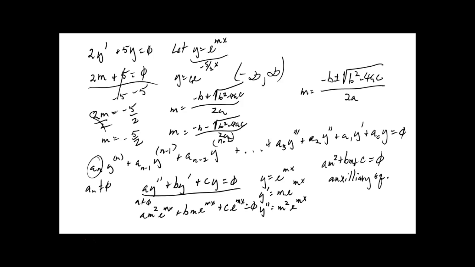And there were several possibilities here. One possibility is that the discriminant could be 0. In other words, b squared is equal to 4ac. If that's the case, you only have one solution, minus b over 2a. Okay? Now, you need two, so we're going to get back to that in a bit. But that's one possibility.